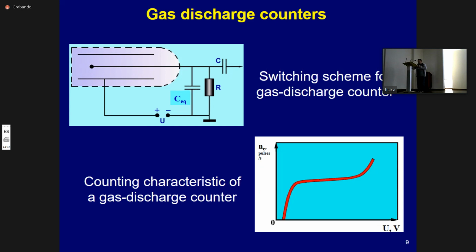The applicability of one or another gas discharge counter for dosimetry of gamma radiation is determined by the dependence of sensitivity, N divided by dose rate, on the energy of gamma radiation. The stronger this dependence, the less favorable the use of the counter.